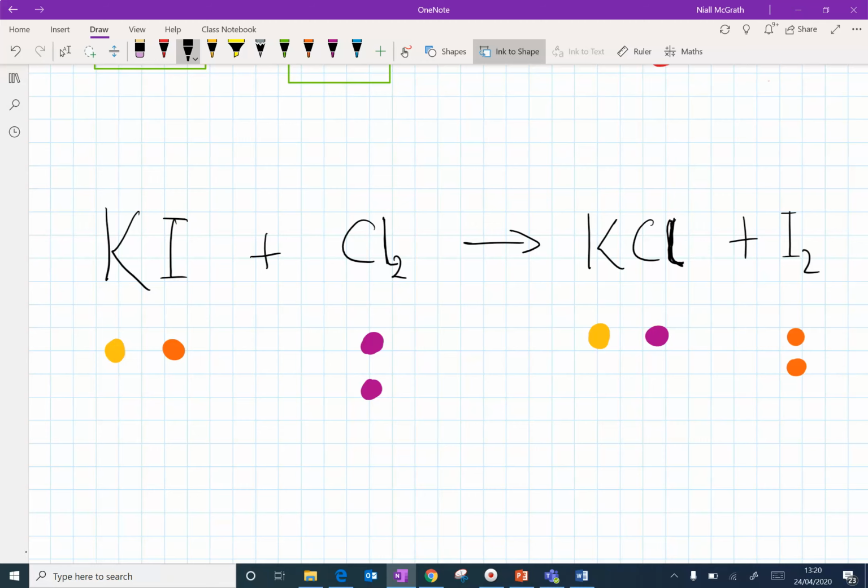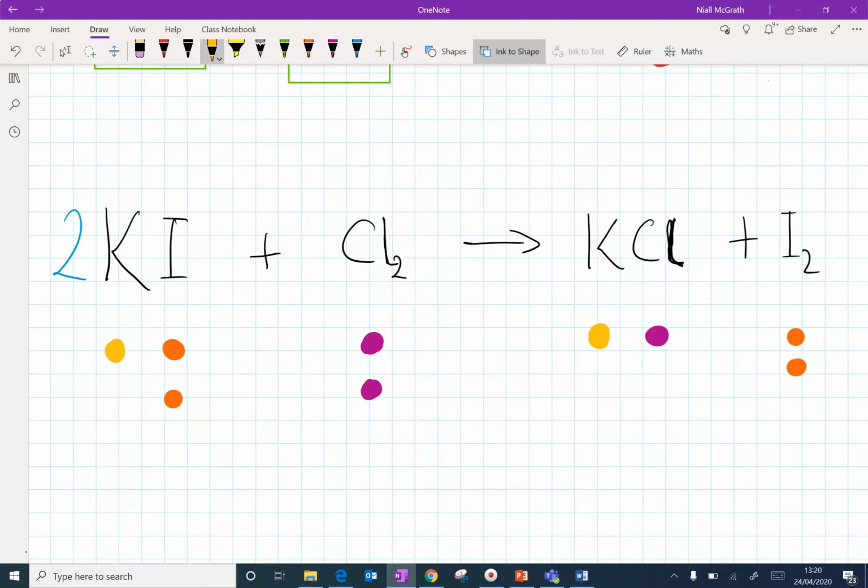If we look at our iodine, we have 2. On the left, we only have 1. So on the left, we need to have 2 iodines. So we're going to put a coefficient of 2 on that potassium iodide. So that now means we have 2 iodines on the left, and we also have 2 iodines on the right.